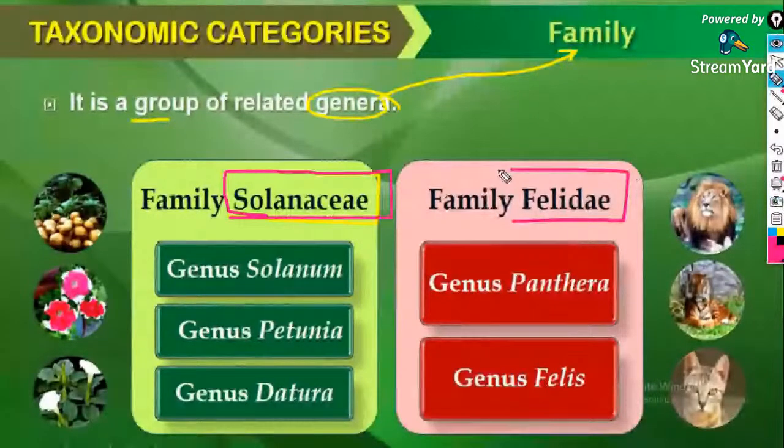In case of mammals, you can see the name of the family ends with -dae, in most of the cases. And in case of plants, you can see -aceae: Solanaceae, Anacardiaceae. Anacardiaceae, I think it's mango in Hindi, I don't know.